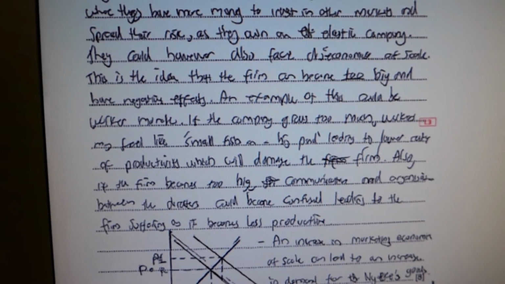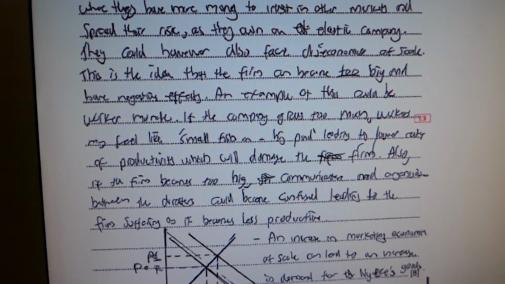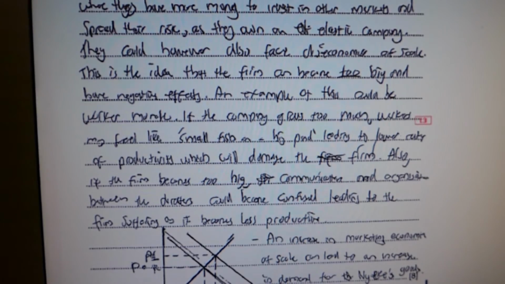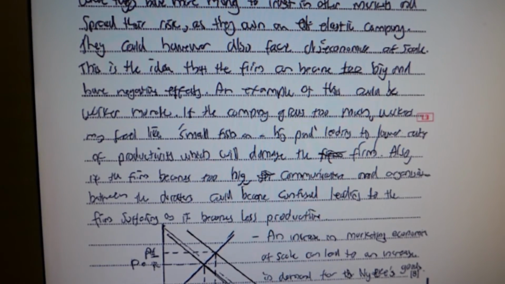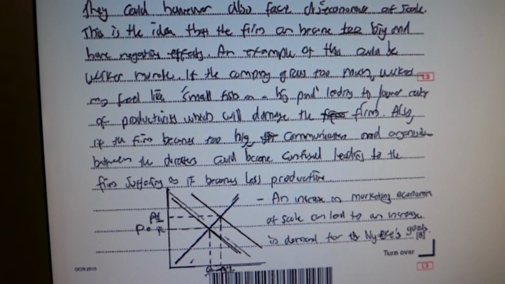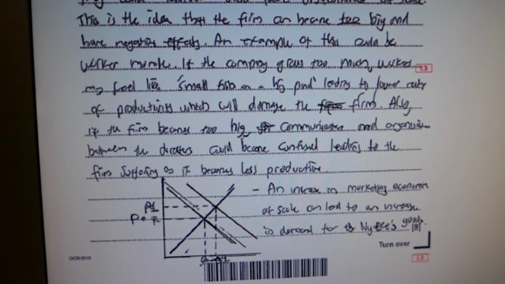An example of this could be worker, I'm not really sure what they said there, worker something. If the company grows too much, workers may feel like small fish in a big pond, nice, leading to lower rates of productivity, which will damage the firm.